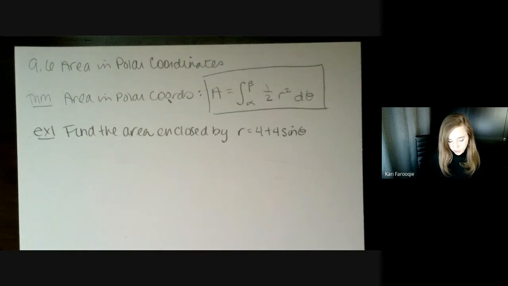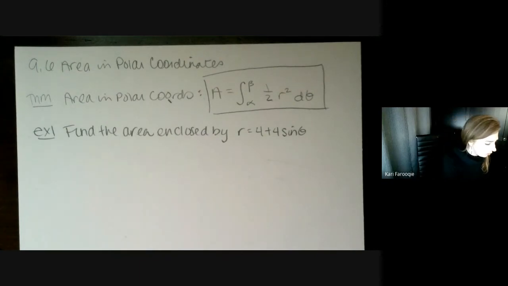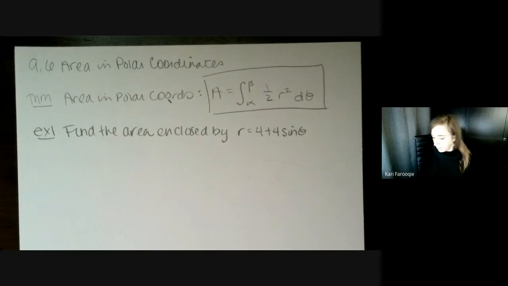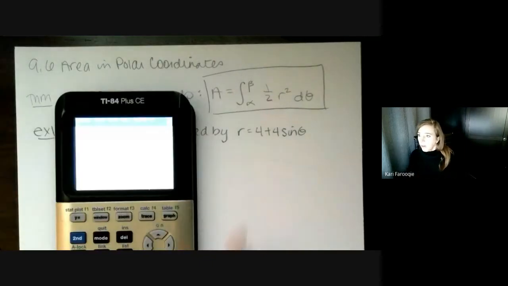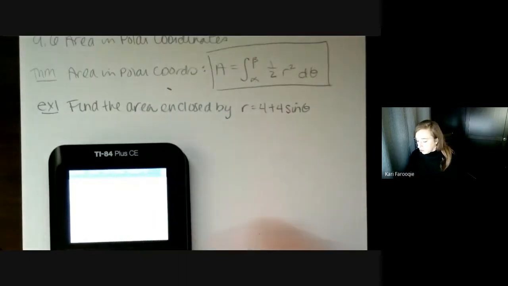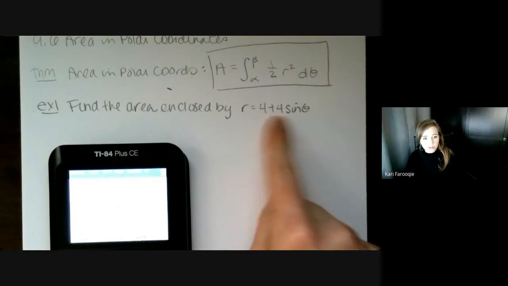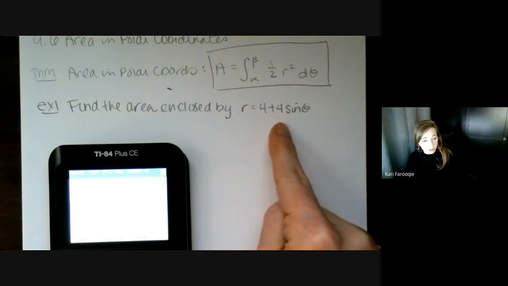Now, if you would like, you can feel free to put this in your graphing calculator. I'm going to be doing that for these, because it's going to be really helpful for us to find our bounds, or just get an idea of where we're integrating to and from. I do think, though, that you've probably seen enough equations of this form to get a sense for what you're expecting.